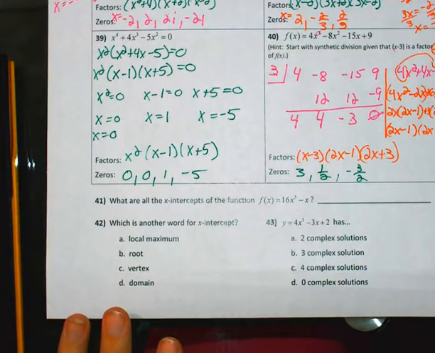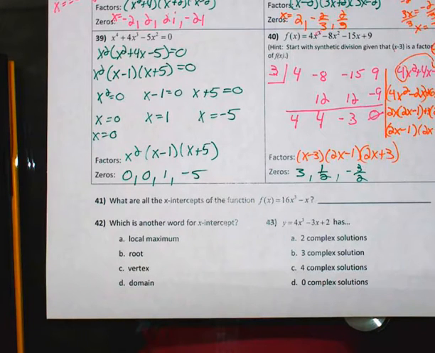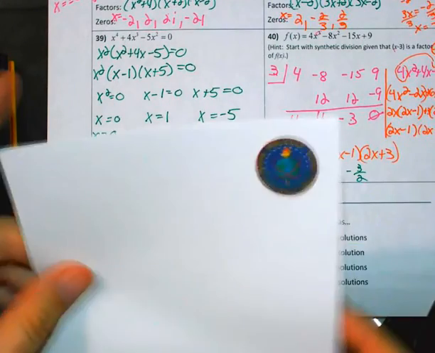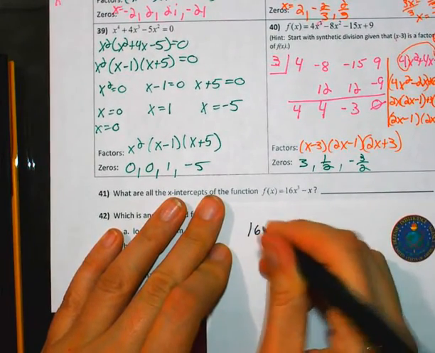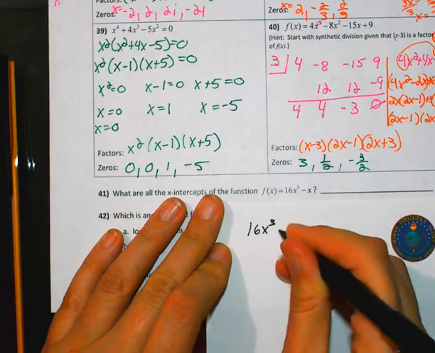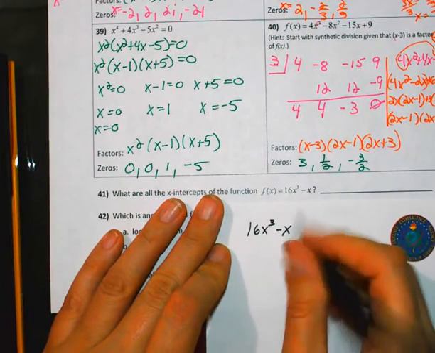It says, what are all the x-intercepts of the function 16x cubed minus x? What are all the x-intercepts? Okay, well, in order to find the x-intercepts, you're going to factor. So we have 16x to the third minus x.